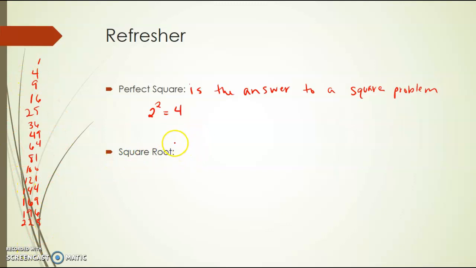A square root looks like this, and when I take the square root of a perfect square, it's what number times itself gives us that number inside the square root.